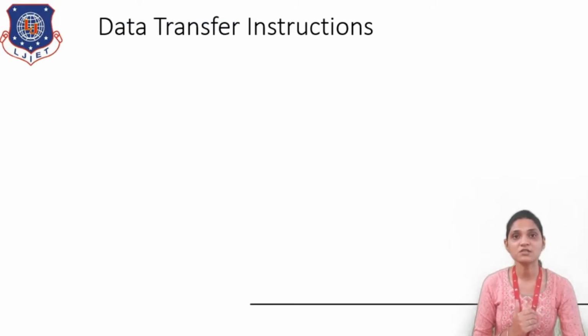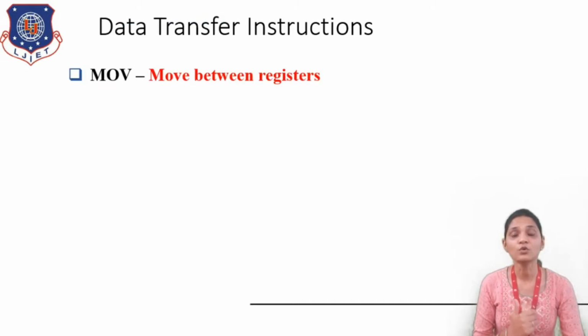In data transfer instruction we have so many instructions, like MOV, LDI, STI, LD, ST, or PUSH or POP. So many instructions are available. We will see those instructions one by one. First one is the MOV instruction, in which we can transfer the data between two registers, from source register to destination register.